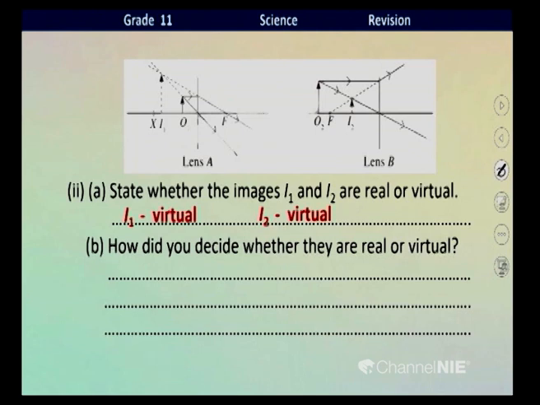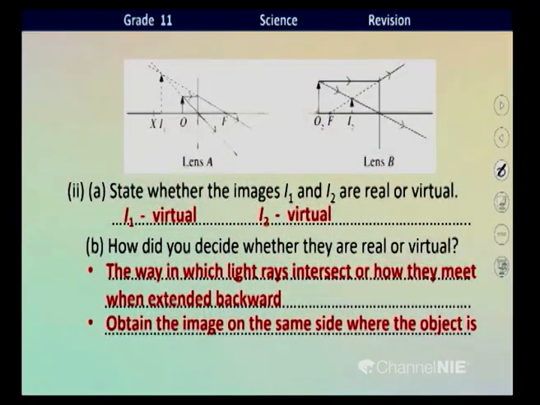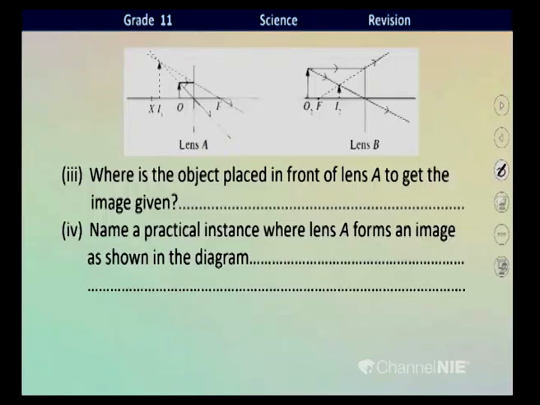And also the way the light rays intersect when they are extended backwards gives an idea about the image, and that also gives us a virtual image. Okay, children, then this is the answer. You can see the way in which light rays intersect or how they meet when extended backwards gives us that these two images are virtual. Right, okay. Next question.